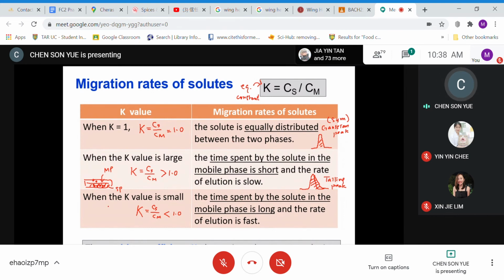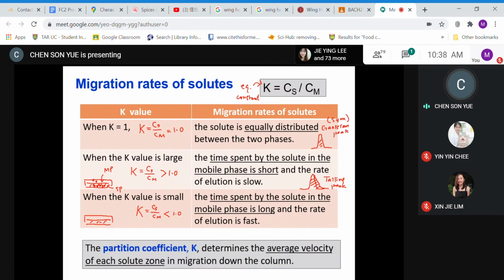And now if K is smaller than 1, you can see here, less sample in the stationary phase. You have less sample in the stationary phase, and M is larger, so you have more sample in the mobile phase. Then what will happen to the signal?